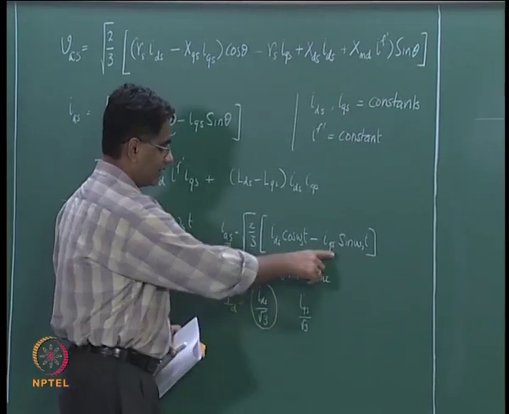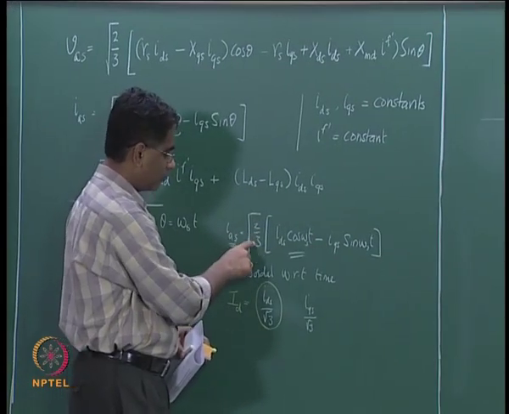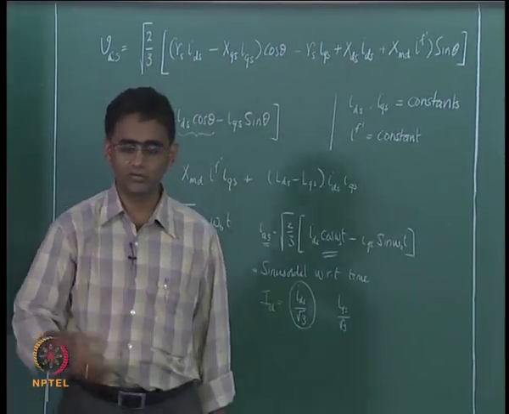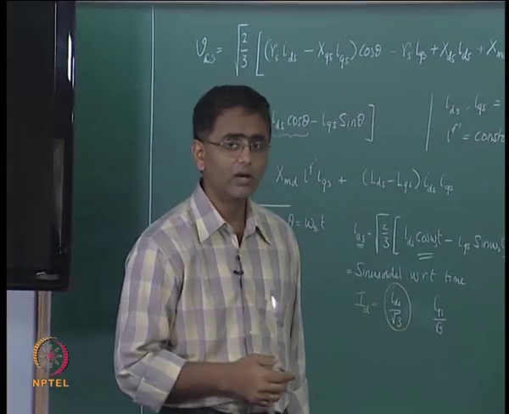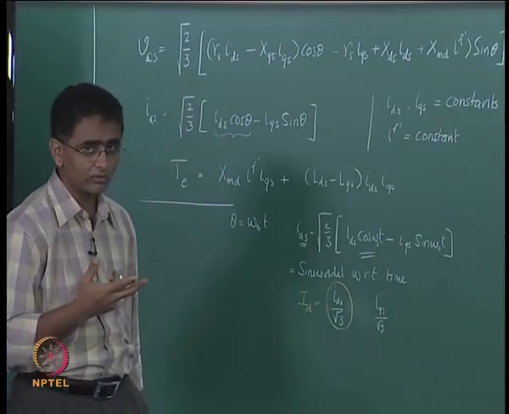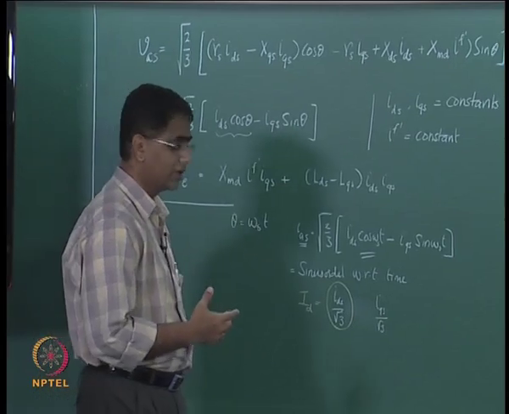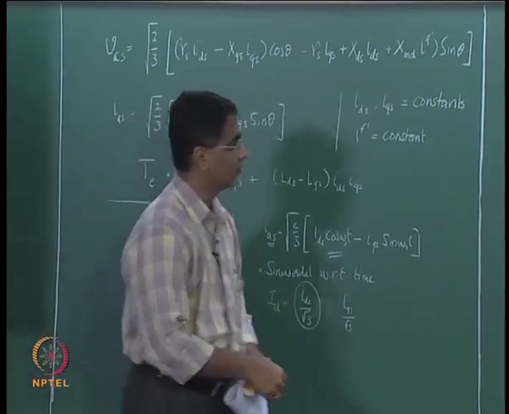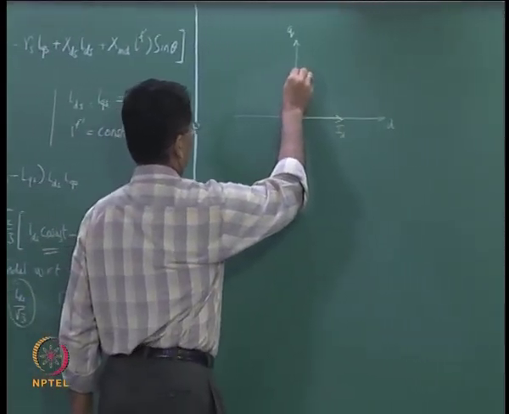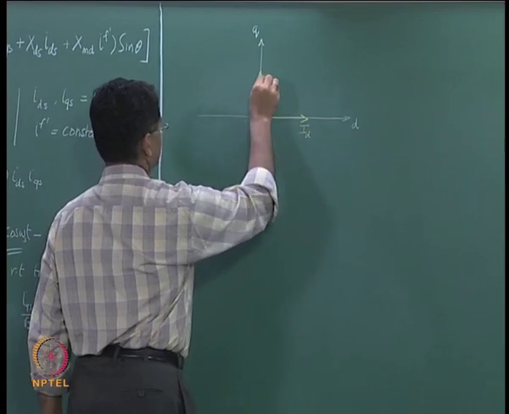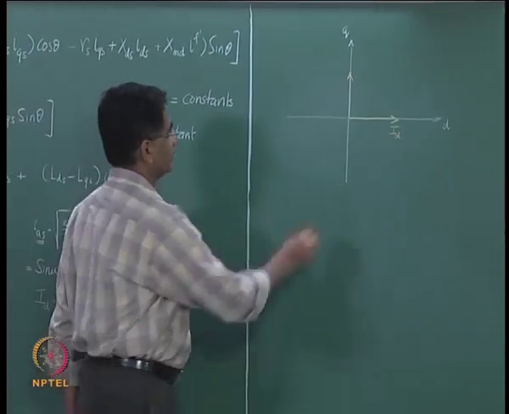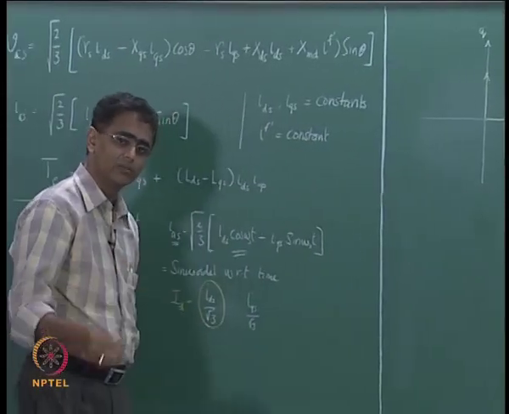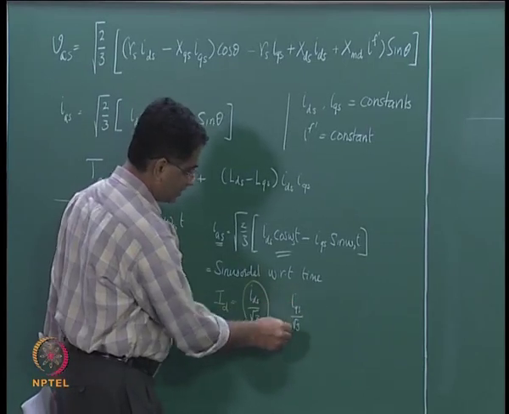Now the second term is root 2 by 3 times IQS sin omega t. This is again sinusoidally varying, and in the last lecture we saw how to represent a term varying as minus sin omega t as a phasor. Its length is the RMS value, IQS by root 3.